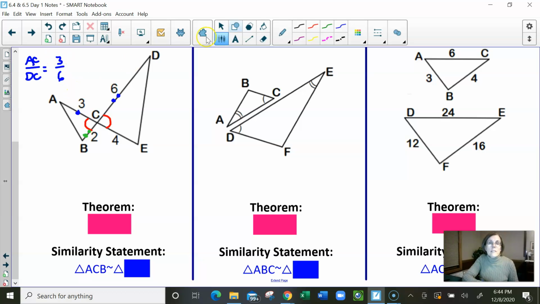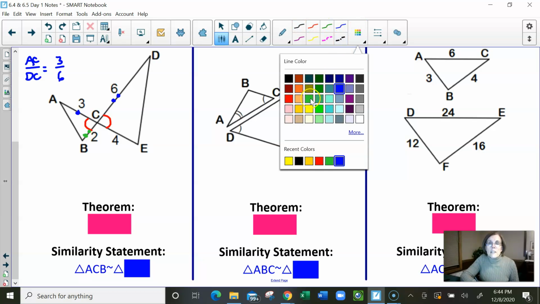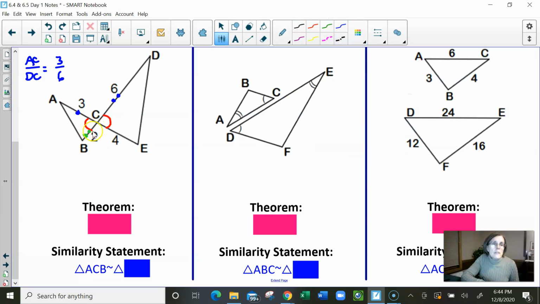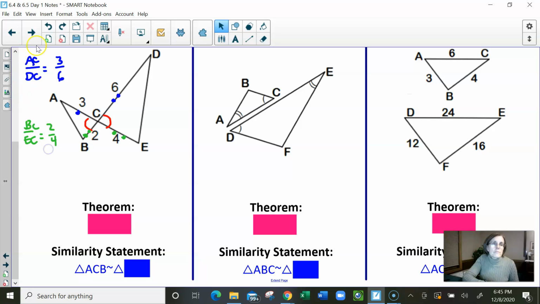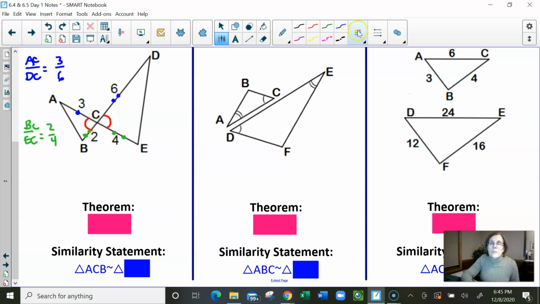We need to reduce that. And then let's also look at BC and EC, 2 to 4. And if we are going to reduce these, what is going to be the ratio?